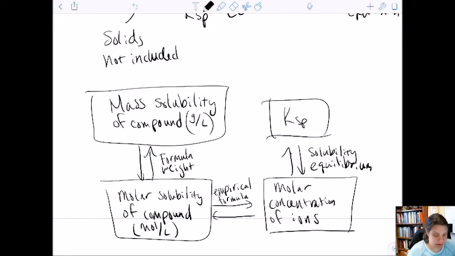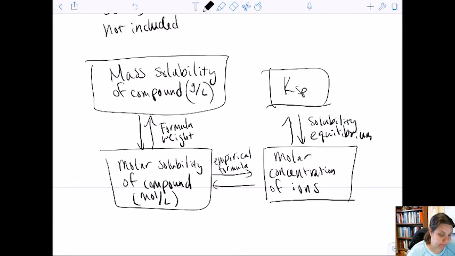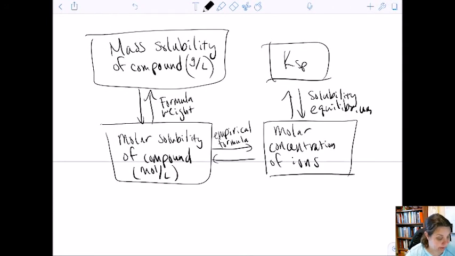So KSP is related to our molar solubility, our concentration of ions, and our mass solubility, and we will be doing calculations with these in class. Okay, see you guys later today.